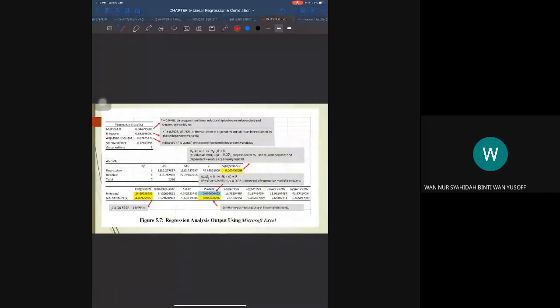I believe that you already studied all this, but just a few things that we need to highlight here. We have the multiple R, which is the correlation coefficient. We have the R square and adjusted R square, both are coefficients of determination.